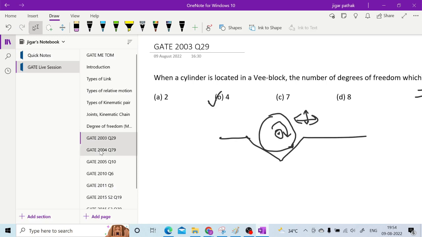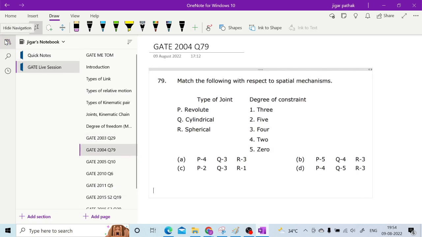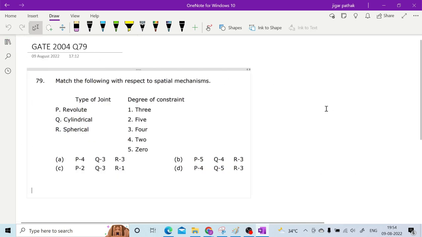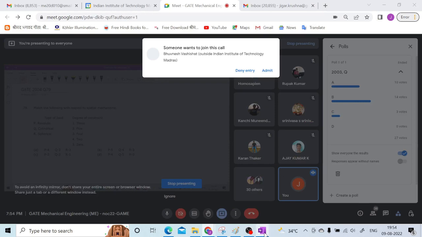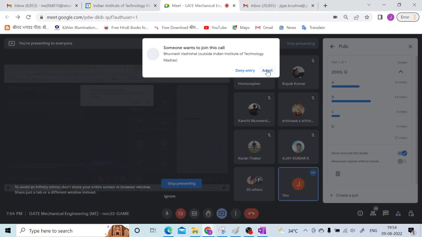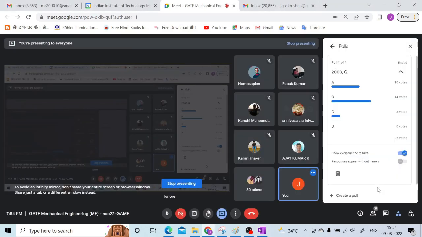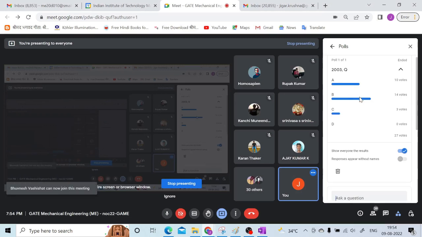If we move to the next question, can you see the question? Yes, sir. Again I am generating a poll, one second. This question is from 2004.